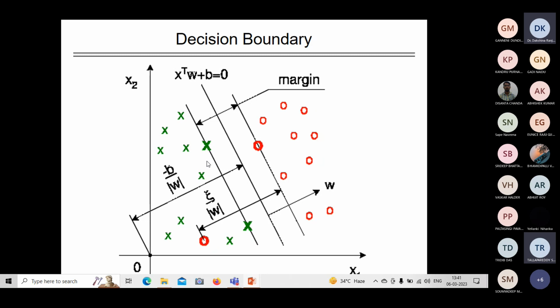If we consider these two class boundaries along with the optimal hyperplane, we have to define three hyperplanes actually. For the optimal separating hyperplane, we get the equation W transpose X plus B equals 0. But what will be the equation for the class boundaries?